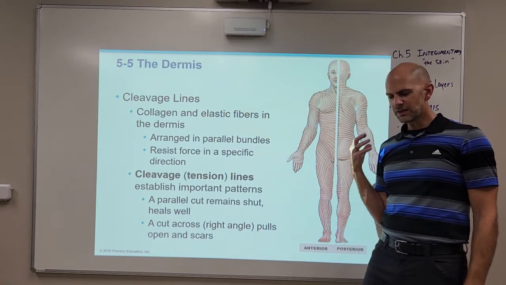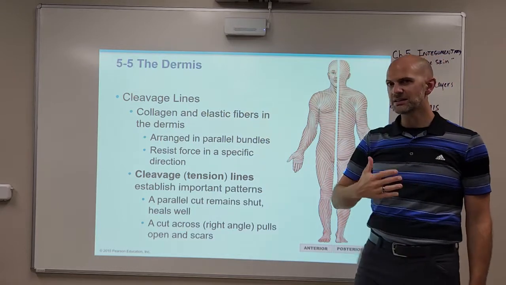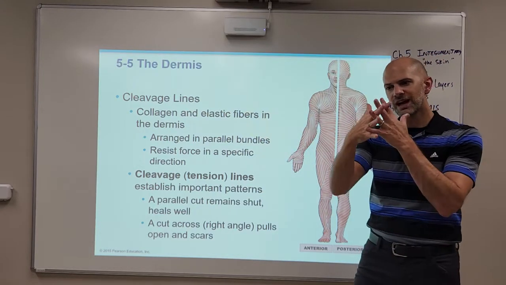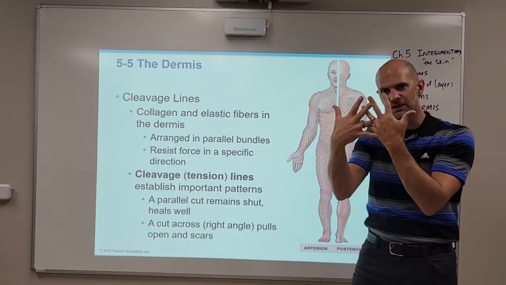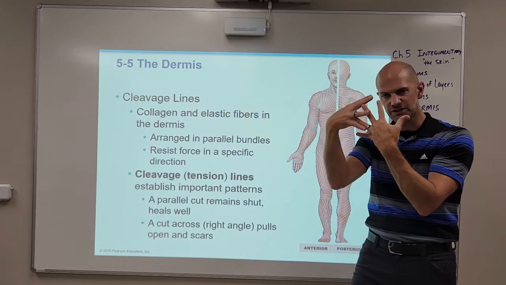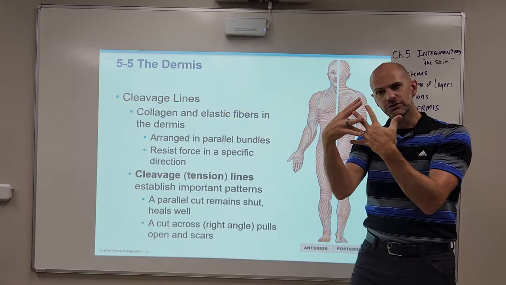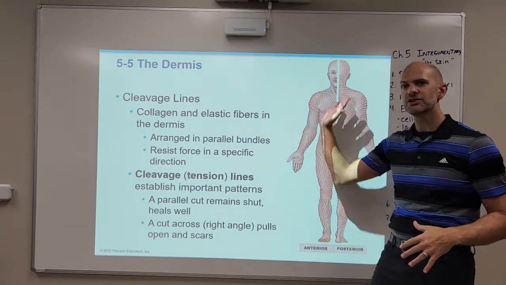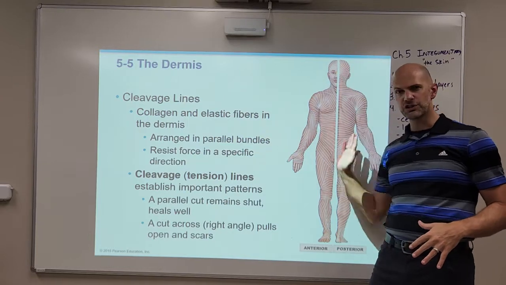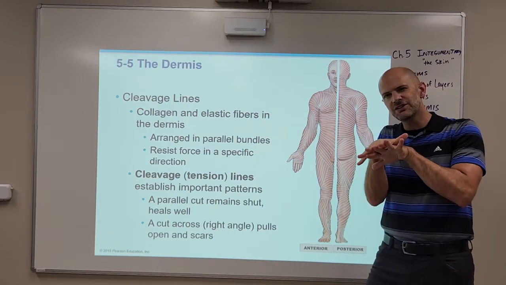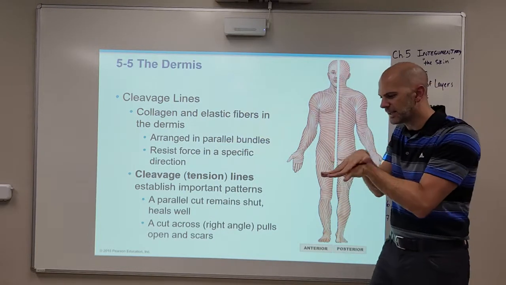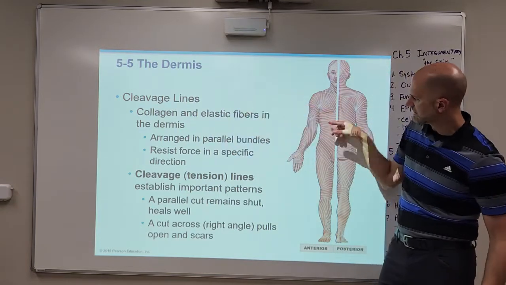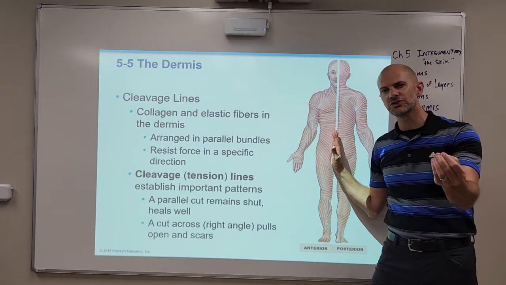We say that the dermis is mostly dense irregular, and that the fibers are kind of crisscross applesauce, right? They're going in all different directions. However, there are trends that have been identified across the human body where the fibers tend to run more parallel and in a certain direction, and the cleavage lines are a mapping of these general trends.